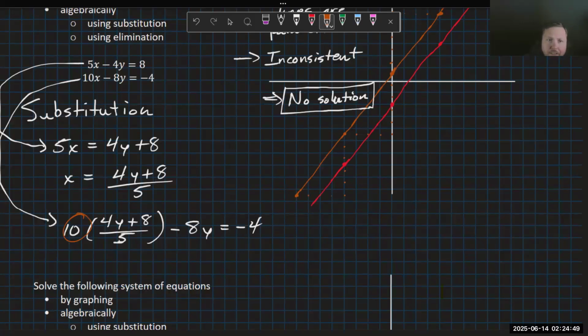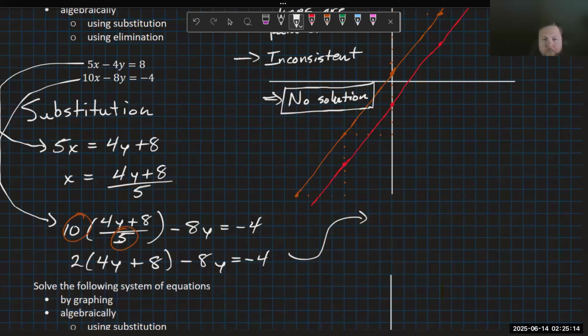And conveniently, since I just didn't bother distributing that 5, I can see that the 10 and the 5 can cancel out a little bit and just give me a 2 out front. So now I have 2 times the quantity of 4y plus 8 minus 8y is equal to negative 4. So now I have 8y plus 16 minus 8y is equal to negative 4.